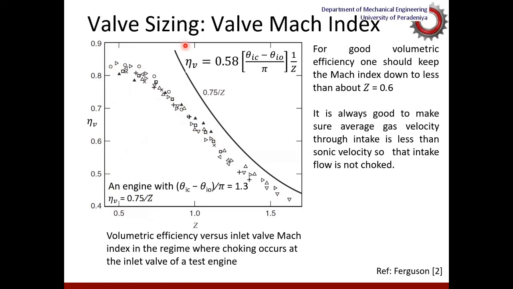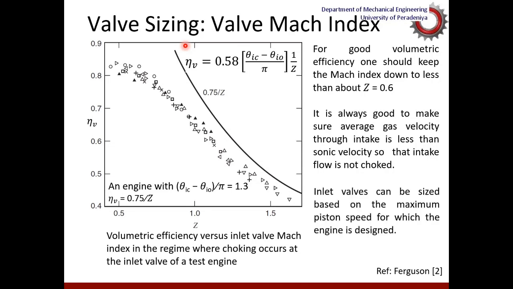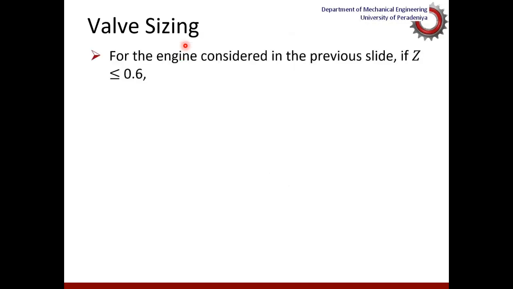And again, we consider this a limiting condition where the flow is choked. But if it is not choked, of course, volumetric efficiency is always better. Usually, the inlet valves can be sized based on the maximum piston speed for which the engine is designed. So based on these observations, you can assume that for design purposes, Z has to be less than 0.6.